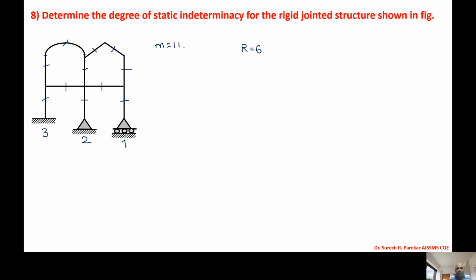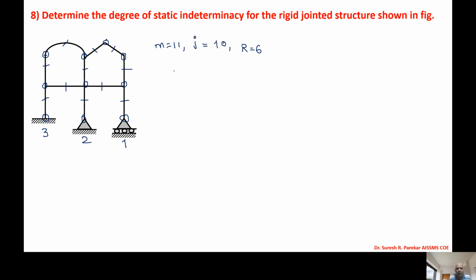So we have m equal to 11. Now j, so we have 1, 2, 3, 4, 5, 6, 7, 8, 9, and 10. So j we have 10.